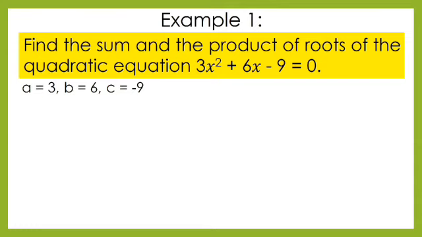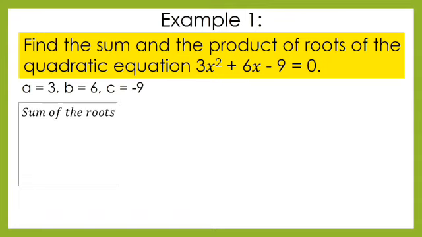Then, after that, we will substitute these values to the sum and product of roots. For the sum of the roots, x sub 1 plus x sub 2 equals negative b over a.